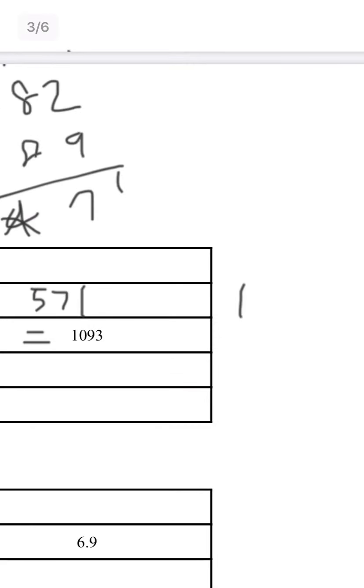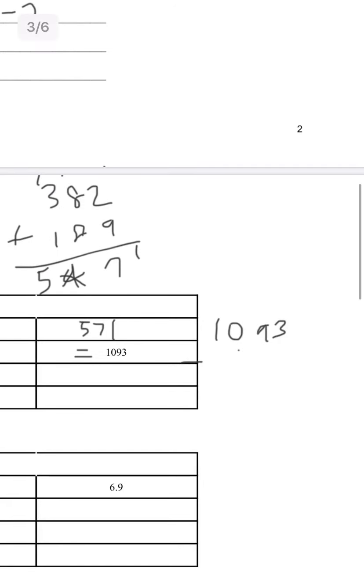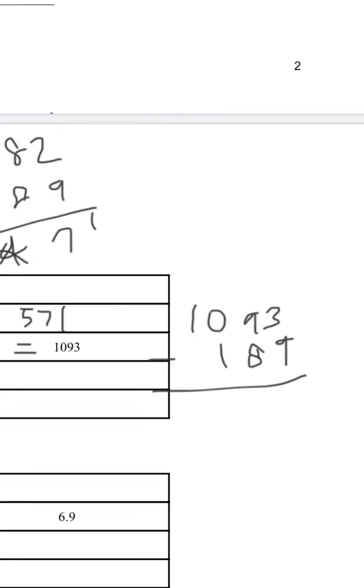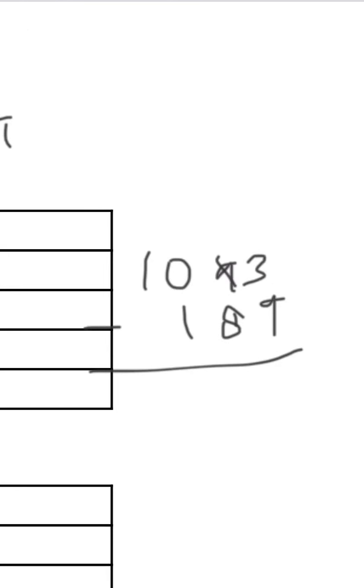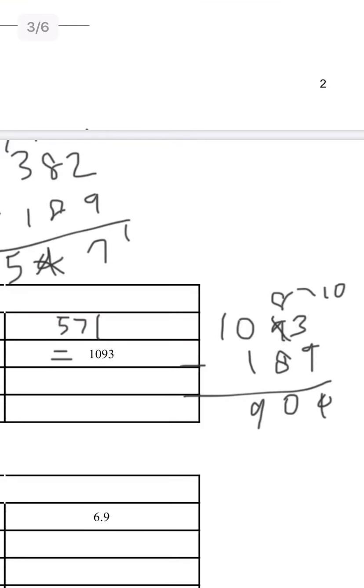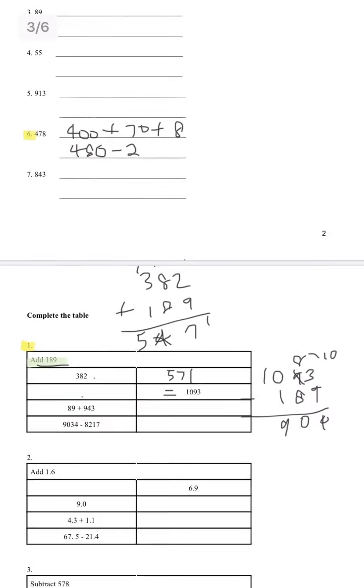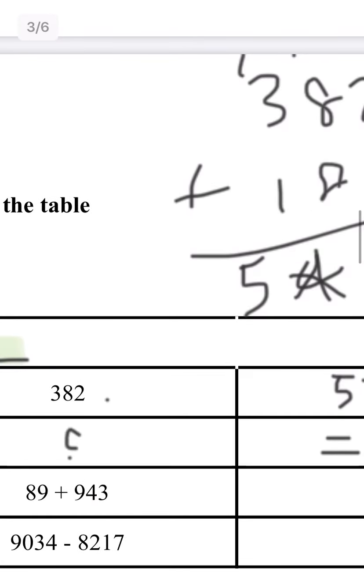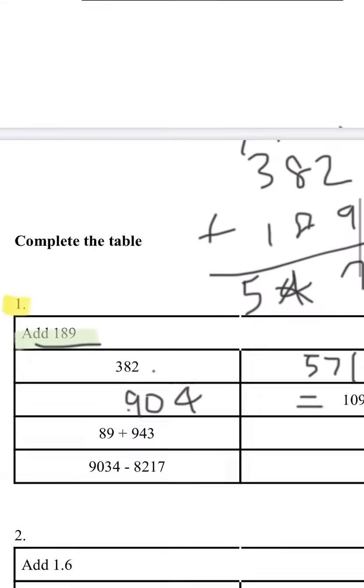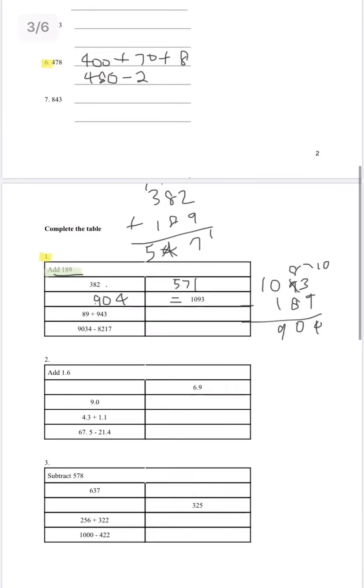So then we have to do 1093 minus 189 in order to find out what that blank is. So let's do subtraction. That's 904. Okay, so third blank.